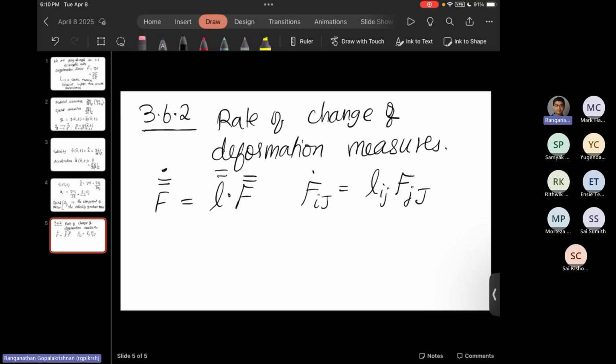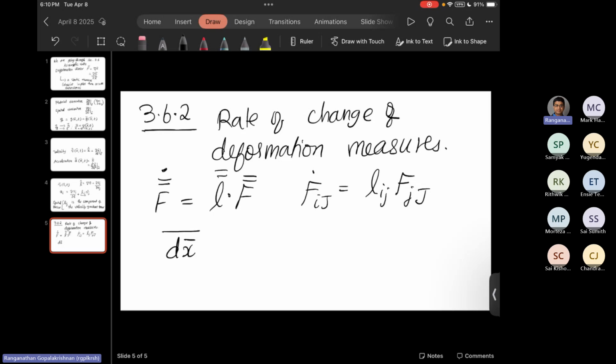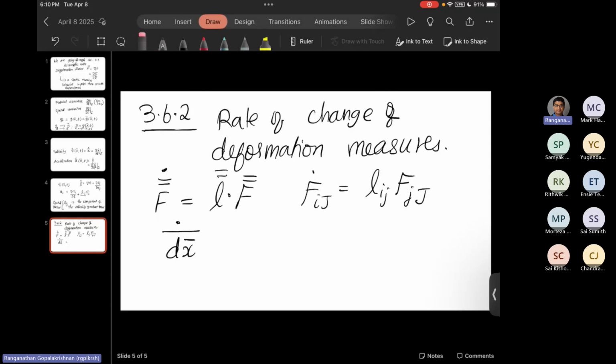We also saw that if you take dx, the differential element in spatial frame, the rate of change of dx, if you calculate this, instead of doing it in vector form, we did this in index form.